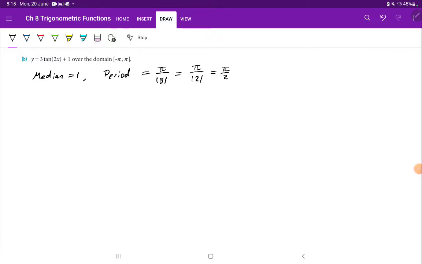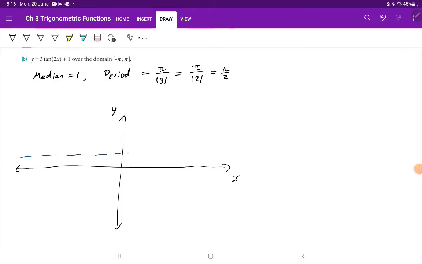And we're going over the domain negative pi to pi, so we're going to have some negative x-axis as well as some positive x-axis. Alrighty, so there's my x and y axes set up. Now remember, our median is at 1, so I'm going to just draw a horizontal line at 1. That's where my zeros are going to go, but it's not going to change where my asymptotes go.